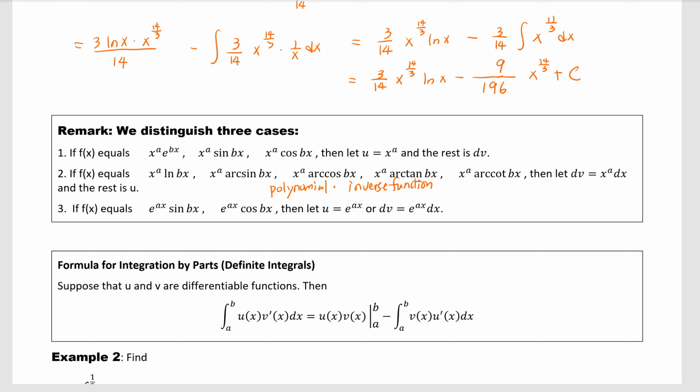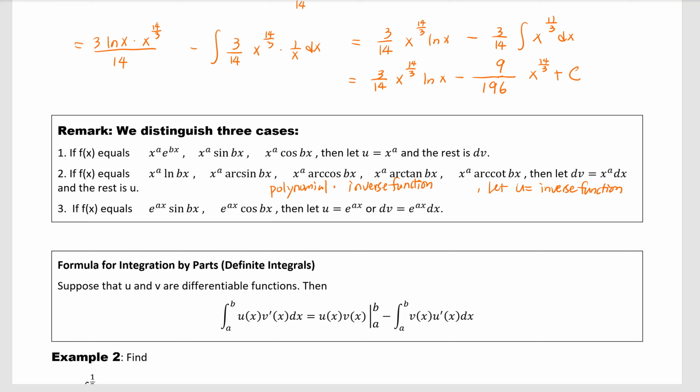So if we have a polynomial times an inverse function, you always let u be the inverse function, because we're only able to differentiate those inverse functions. Let it be u, don't let it be dv.